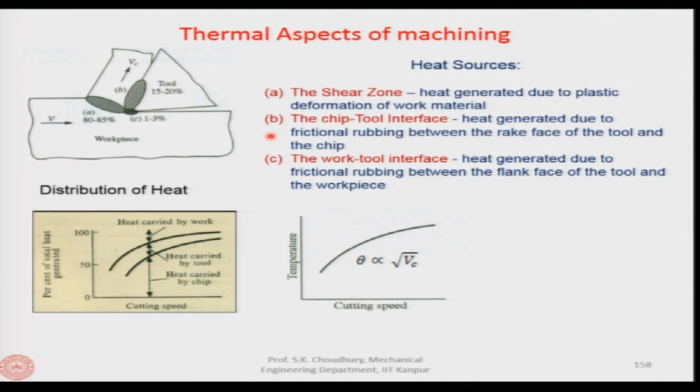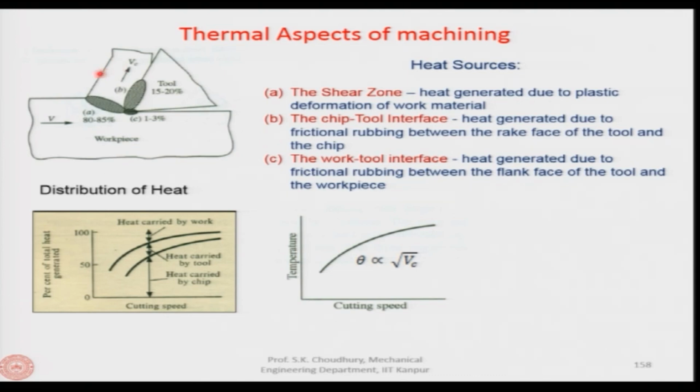When you measure the temperature with a thermocouple, for example, you will measure the temperature in the cutting zone, but you cannot individually measure the cutting temperature in the shear zone or the cutting temperature in the chip tool contact length. So, you have to analytically find out through a model how to calculate that temperature.